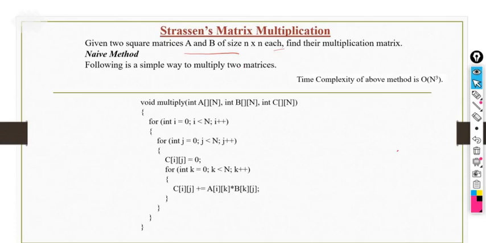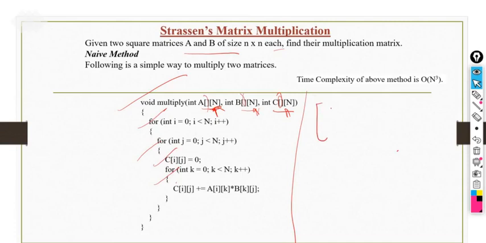Multiplication methodology that can be used over here: we have a function multiply with int a, b, c, and n. We have not decided the size over here, it's up to you whether you want to give the size here or not. For loops are applied with i and j up to n. Cij is the resultant of the two multiplied matrices. So let's take an example.